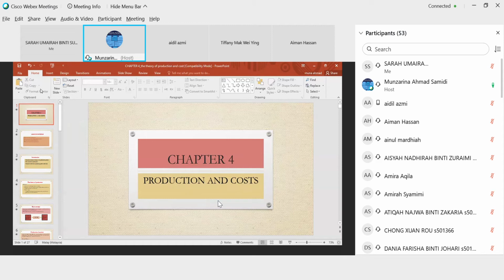So in consumer theory, we explain the law of demand. Starting from this chapter, chapter 4 and chapter 5, in the theory of the firm, we will explain the law of supply. There is a positive relationship between quantity supplied and price. Why? Price increases, quantity supplied increases. It is explained through the theory of production and cost, because when we want to supply, when we produce, it will involve cost.